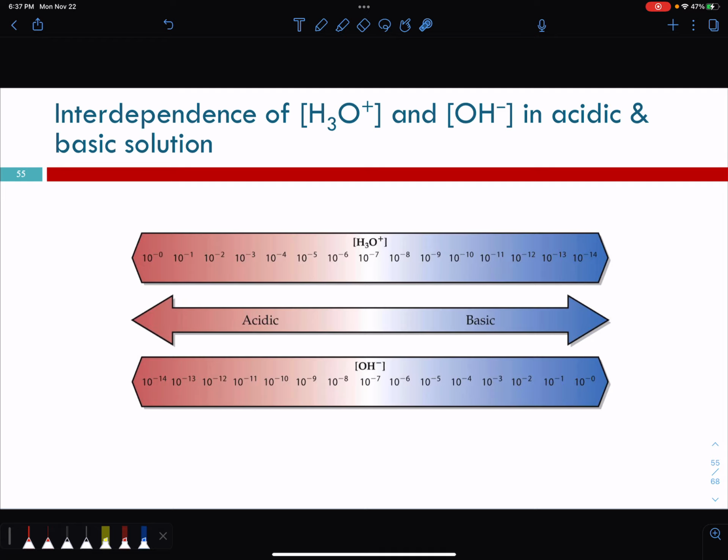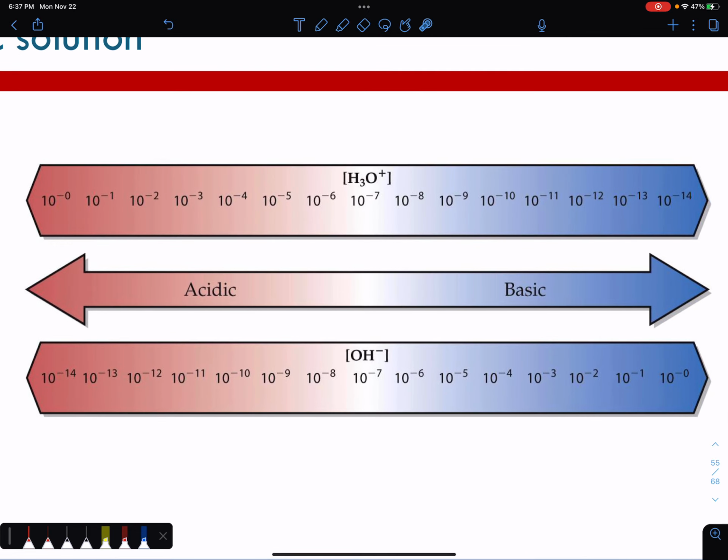So on the scale of acidity versus basicity, we have our H3O plus concentration on top.